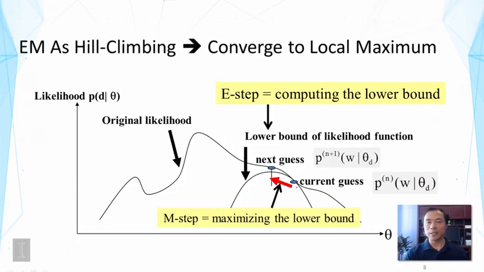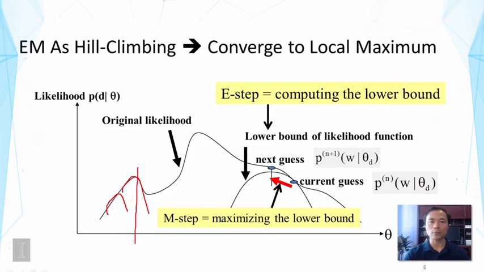Now, as you can imagine, when we have many local maxima, we also have to repeat the EM algorithm multiple times in order to figure out which one is the actual global maximum. And this, in general, is a difficult problem in numerical optimization. So here, for example, had we started from here, then we gradually just climb up to this top.